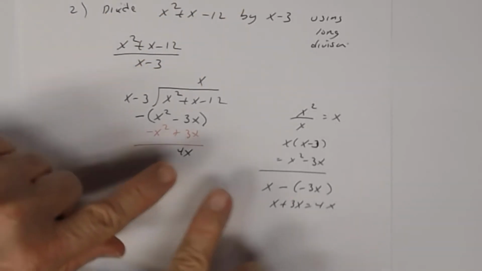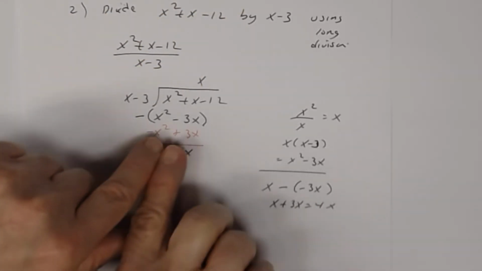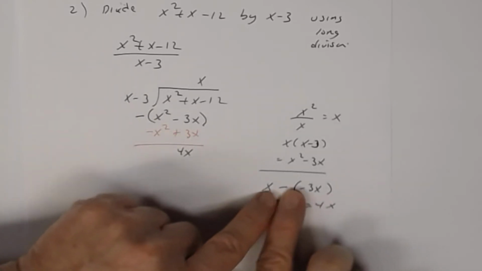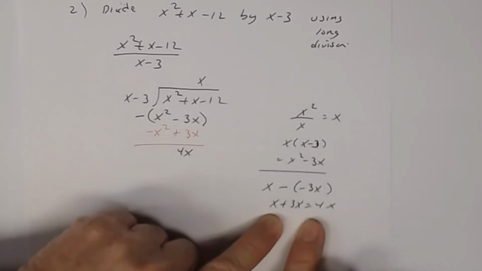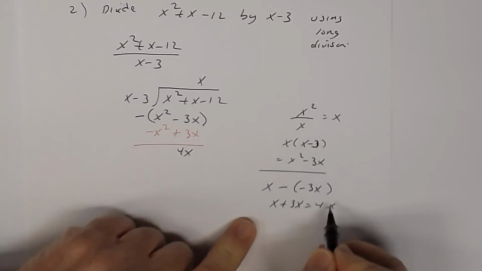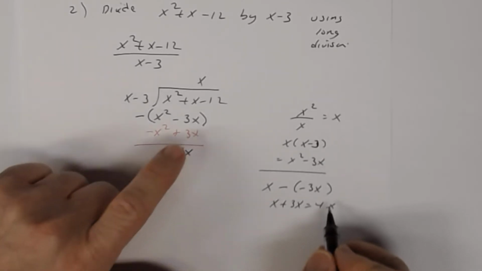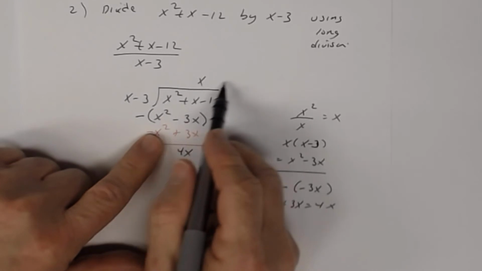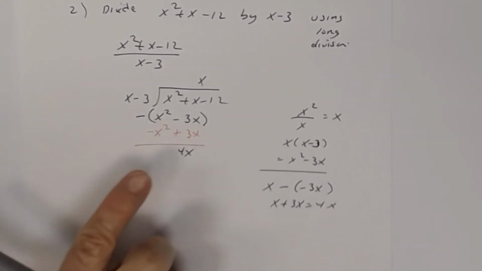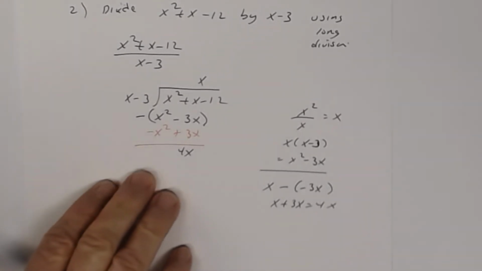All right, so different ways of looking at it, of writing it. You can write it like I did in the red right here, or you can think about it mentally like this. But sometimes, for some of you, it may be helpful to actually write it out like I did here, so you don't mess this up. Because once you mess up one of these terms, then your quotient is going to be incorrect and your remainder is going to be incorrect. Okay, so that's important. And then at the end, if you don't check, then you will not see whether you did or did not make an error.